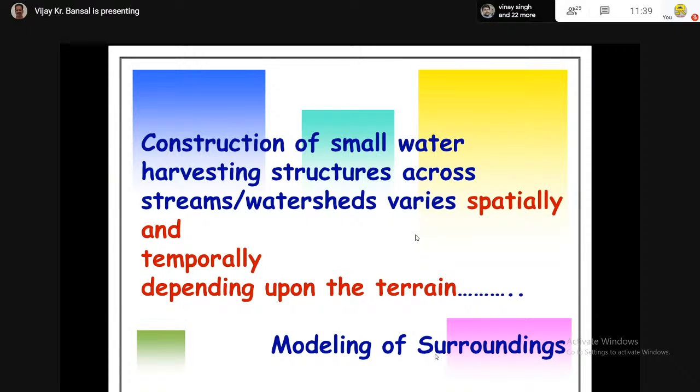This also includes computation of excavation between a plane and a surface. Profile along the line: if this is a surface and you draw a line, you can find out the profile.